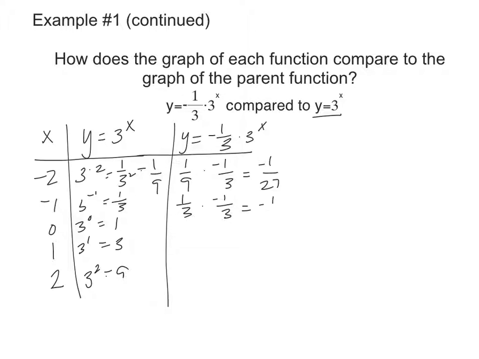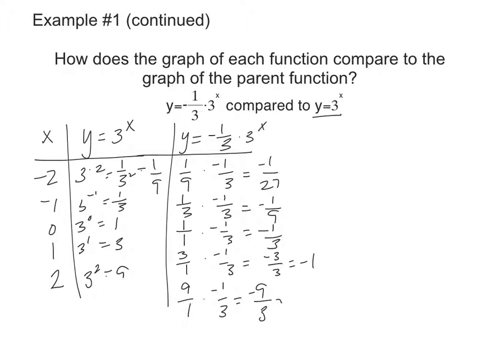This is going to give me negative 1/9. 1, which is really 1 over 1, times negative 1/3. It's going to be negative 1/3. 3, which is 3 over 1, times negative 1/3, will give me negative 3 over 3, which is really negative 1. And the last one, 9, which is really 9 over 1, times negative 1/3, will give me negative 9 over 3, which is negative 3.